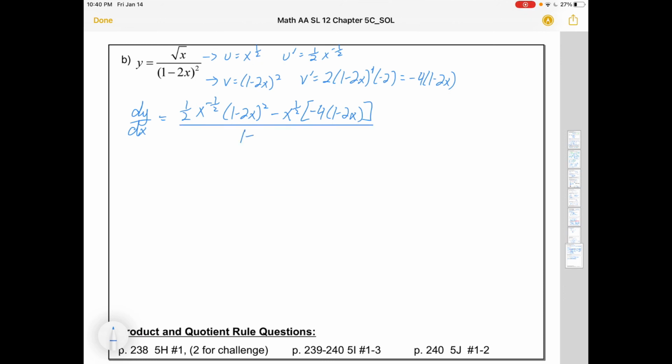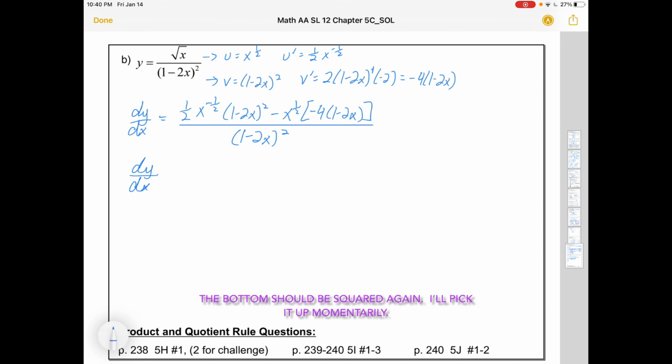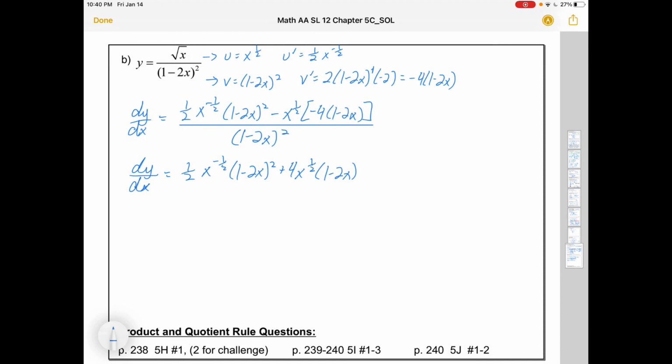And that'll be all over (1 - 2x) all squared. And that's pretty good. I can rewrite it this way, 1/2 x to the minus a half, and this will be plus 4x to the half, and that'll be (1 - 2x).